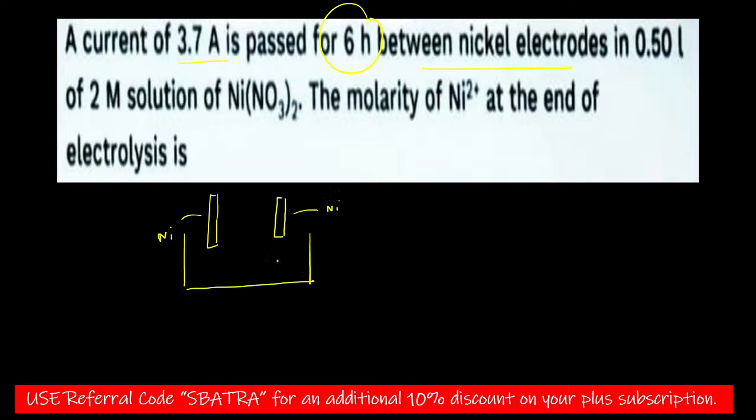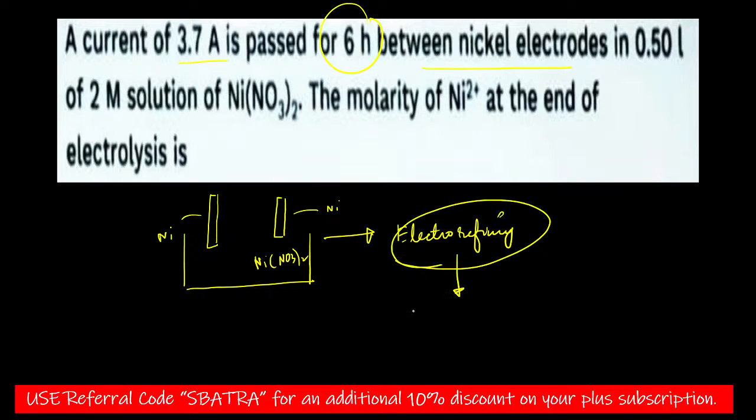Okay, so that means we have a solution of nickel nitrate only. When we have a solution of nickel nitrate, that means the same ion as your electrodes. So can I say, guys, that this one is nothing but the electrorefining process? Yes or no? You're converting impure nickel to pure nickel, yes or no?